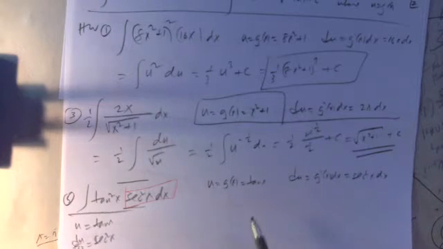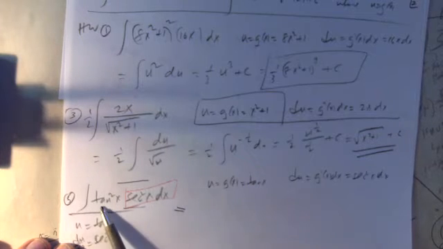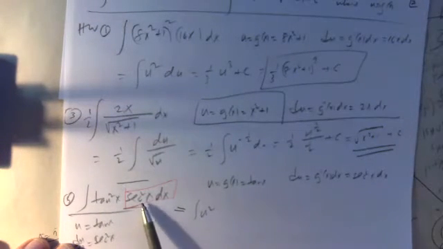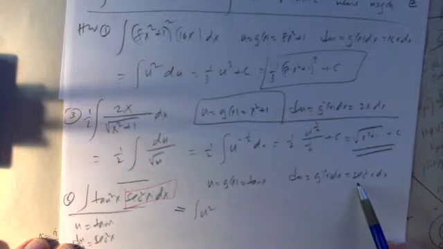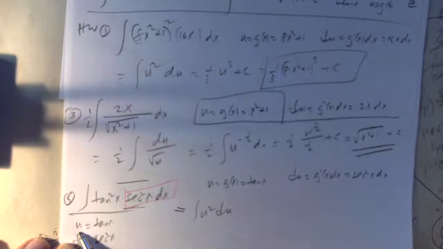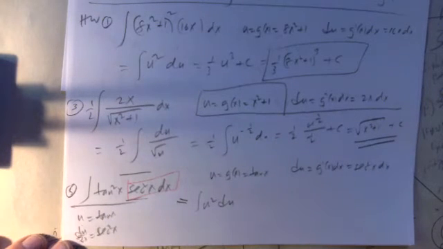So if we substitute u for tangent of x, this tangent squared x becomes u squared. And secant squared x dx is just du. So with this substitution, u equal the tangent of x, this is just the integral of u squared. Right?